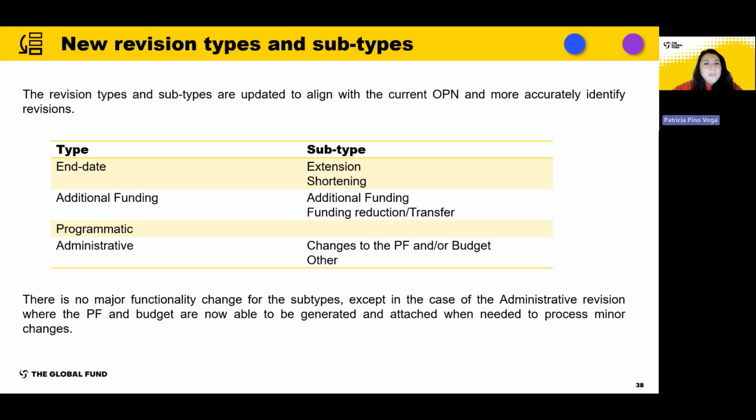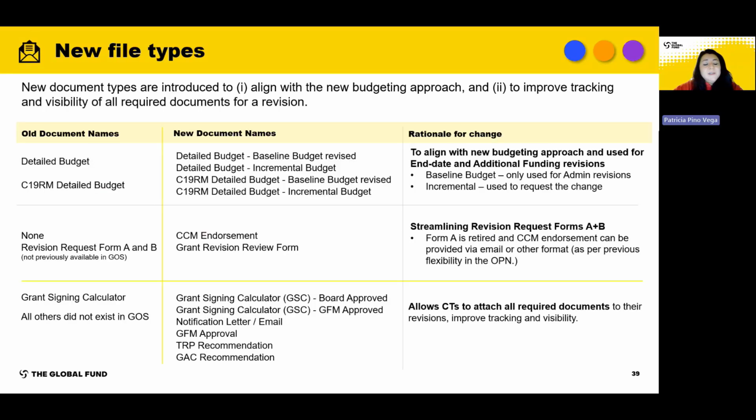Okay. The next two slides I won't go into in detail, as they're more organizing and housekeeping. But just for your awareness, because you will see these label changes in the partner portal, we do have new revision types and subtypes to align with the OPN types and subtypes that you see. So now there's full alignment across the two. And if we go into the next slide, you'll see that there are new file type names.